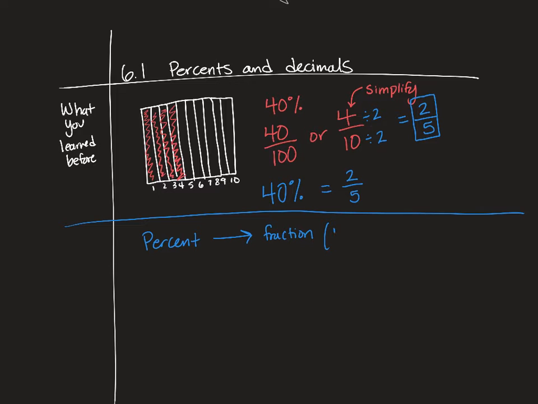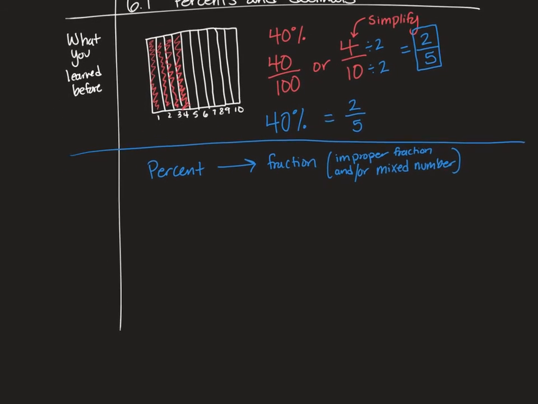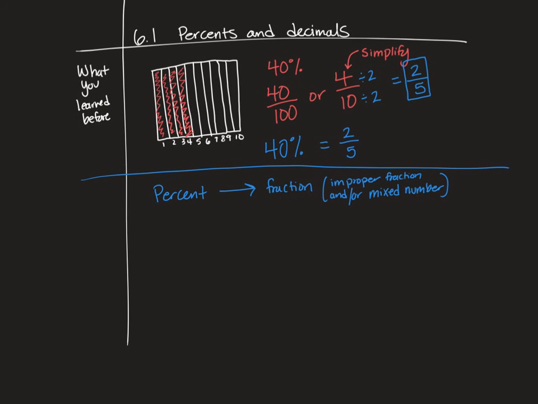It could be an improper fraction, and/or a mixed number. I'll remind you guys what that means right now. And if you ever can't read my writing, please tell me in the chat and I will pause the video, erase, and rewrite. Sometimes my writing is even sloppier with the Apple Pencil. Okay, so let's work on some of these.